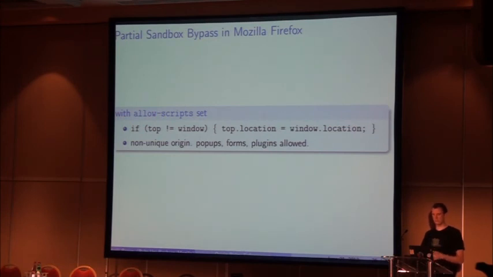Basically, if scripting is allowed, you can navigate the top window just by doing the very typical frame busting thing and reload the same document in the outer window, which means it's not in an iframe anymore and you don't have any restrictions. The origin is not unique anymore. You are allowed to do pop-ups, forms, plugins, browser exploitation, whatever. Plugins means browser exploitation.